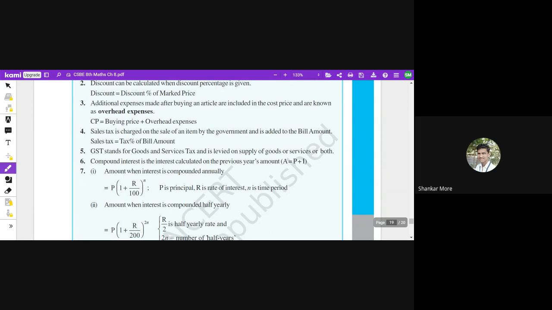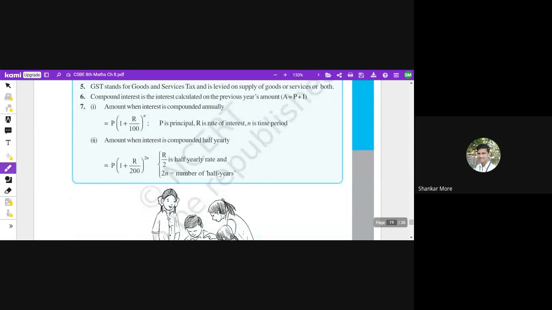Sales tax is charged on the sale of an item by government, and it is added to the bill amount. So sales tax is equal to tax percent of the bill amount. GST stands for goods and services tax and is levied on supply of goods or services or both. Sixth point that we learned is compound interest is the interest calculated on previous year's amount, that is equal to P plus I. Seventh point that we have learned is amount when interest is compounded annually.